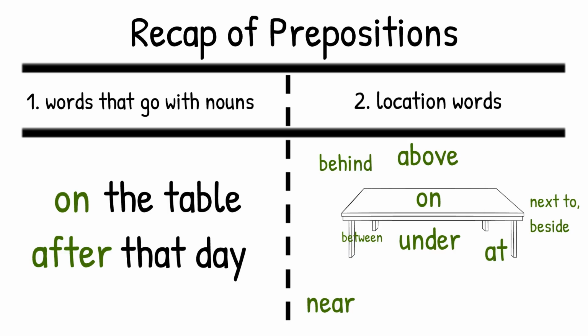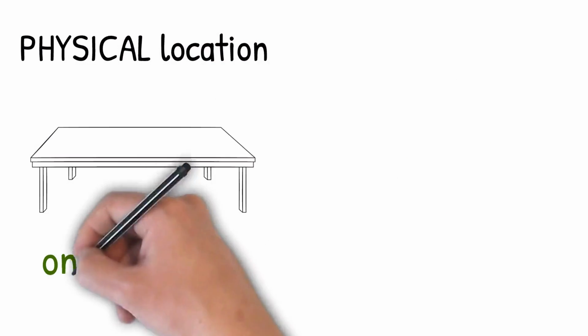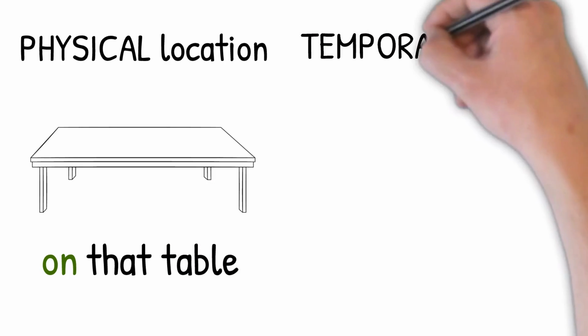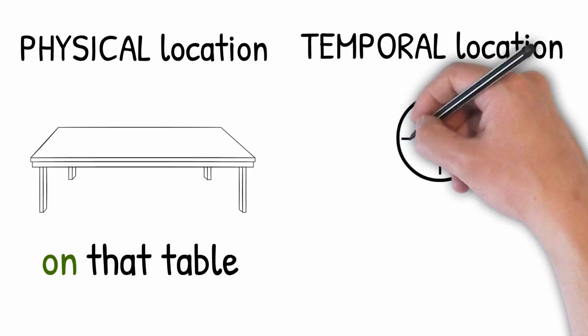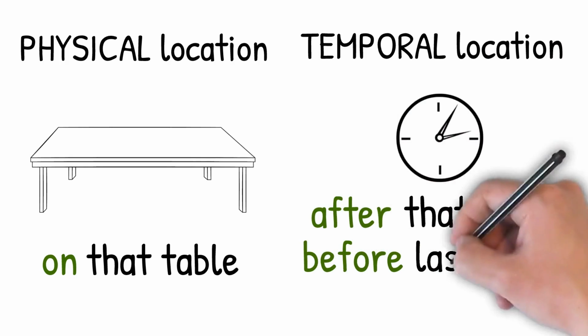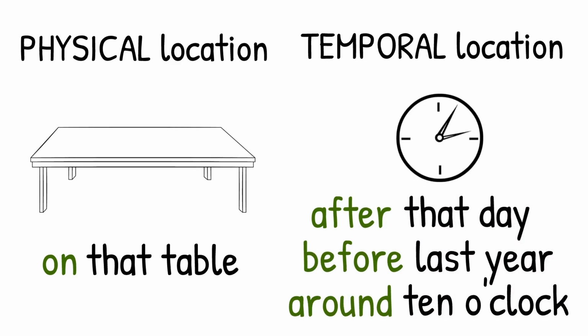All of these different location words are preposition words. Just as prepositions can refer to physical location, where something is physically, like on that table, they can also refer to temporal location, that is, where something is in terms of time. Was it after that day, or was it before last year, or is it around 10 o'clock?